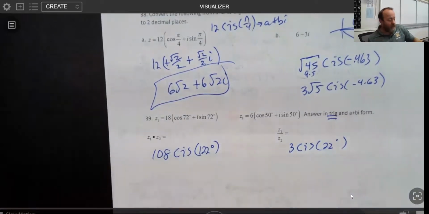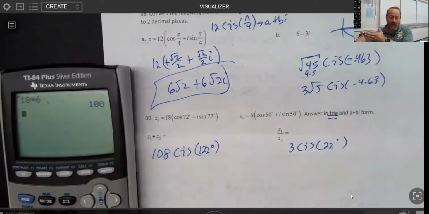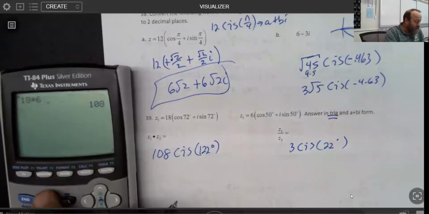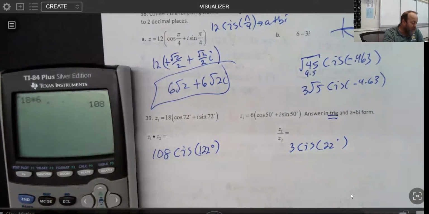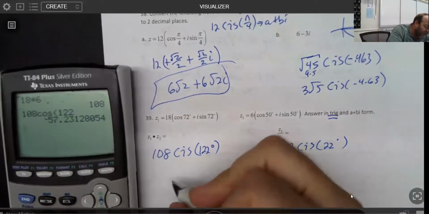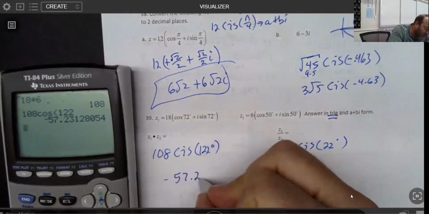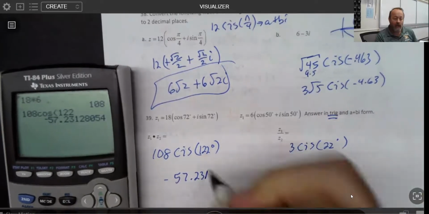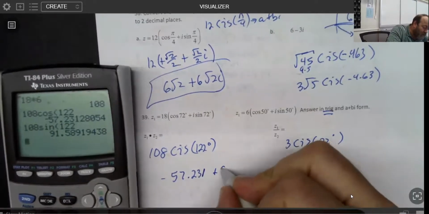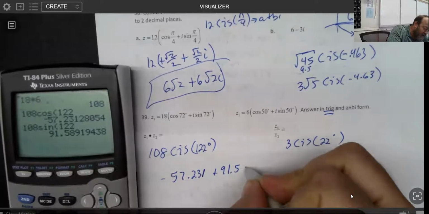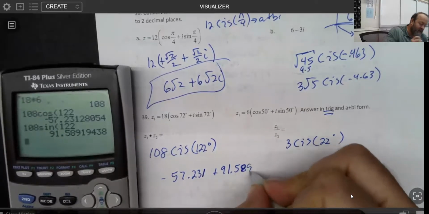But again, if we want to go ahead and get it into the a plus bi form, I must first be in the proper mode. This problem was given in degrees, so I have to do that. And so all I need to do is take 108 cosine of 122, and I've got negative 57.231. And then I need to do 108 sine 122. And I got plus 91.589i.